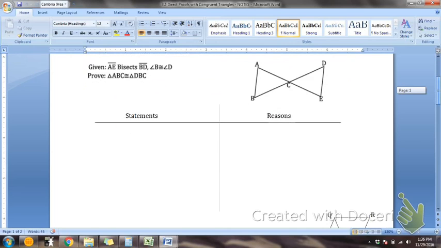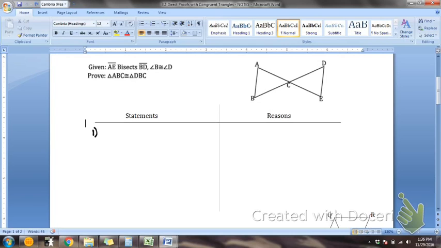The given, okay? So in this postulate, the given, it says, is that AE bisects BD and angle B is congruent to angle D. So where is that information going to go? In the statements, right? So number 1, we're going to say what the given was.